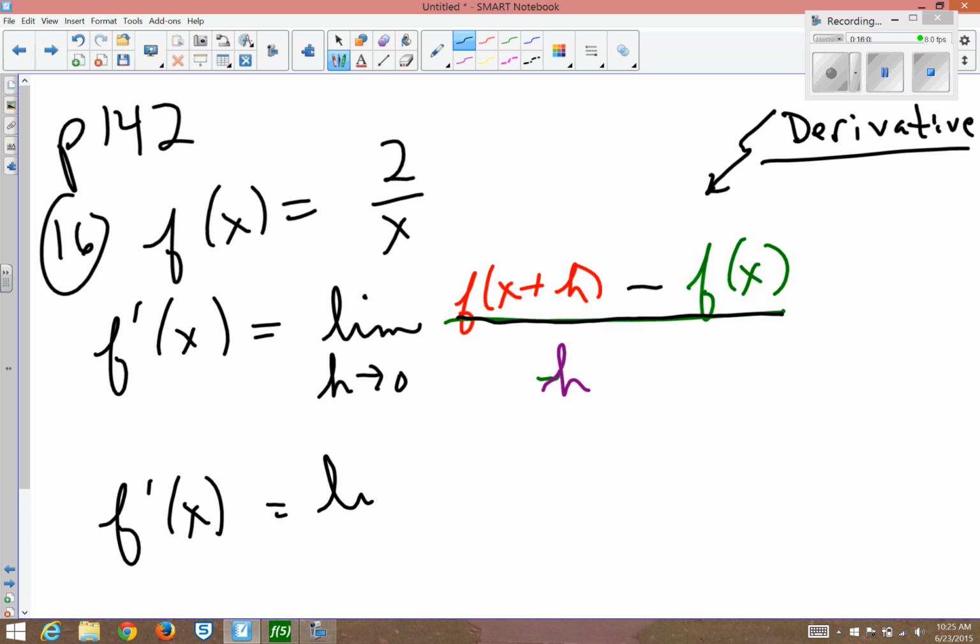So say it's the limit as h approaches 0. This red, f of x plus h, means whatever function is given with x plus h in place of x. Instead of 2 over x, it's 2 over x plus h. And after the minus, this green f of x, that is just the given function.